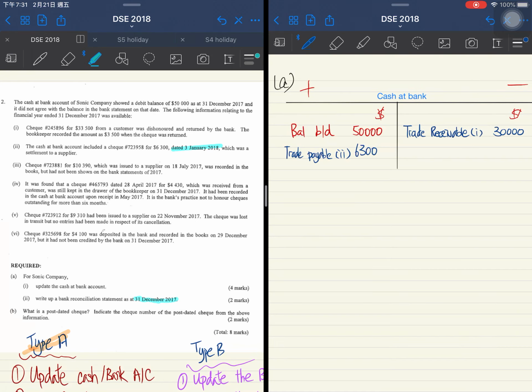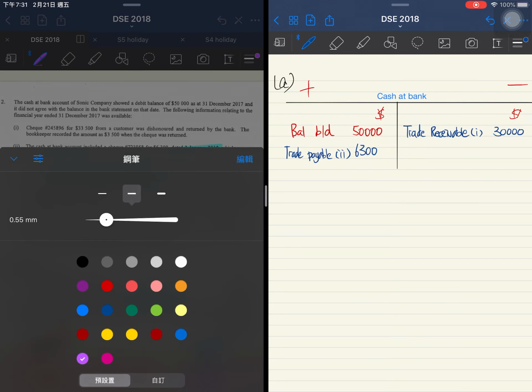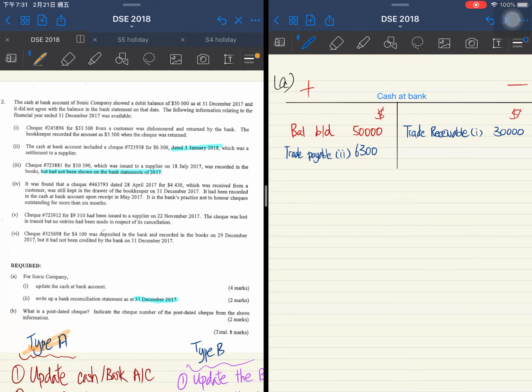Okay, had not been shown on the bank statement. This tells us that we have to do this in our BRS. So we have to neglect it in the cash at bank account.